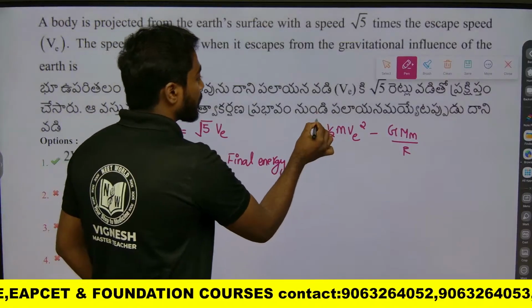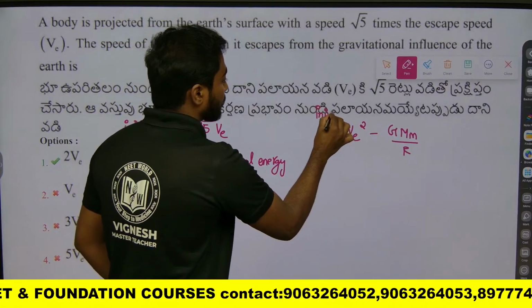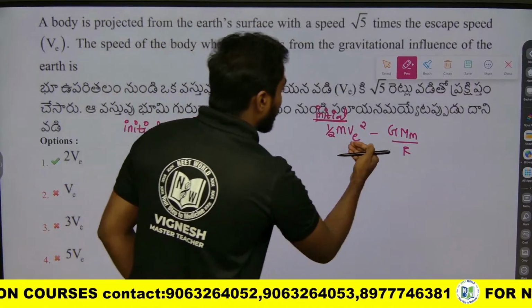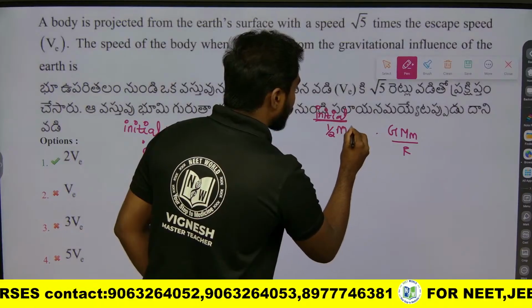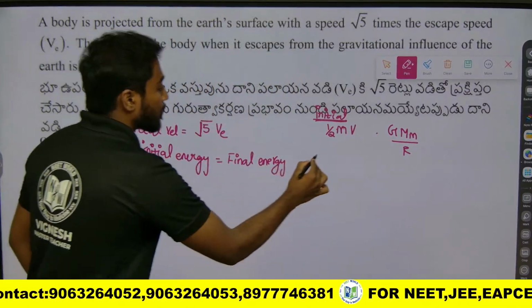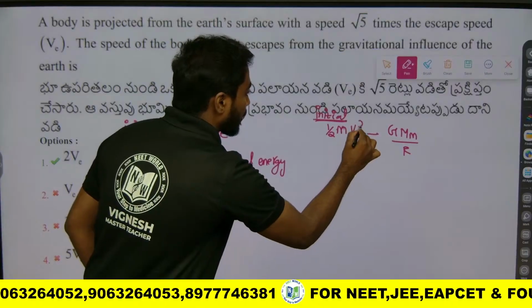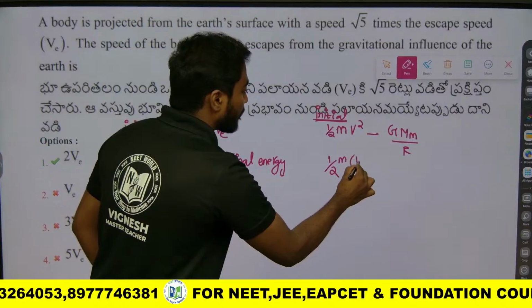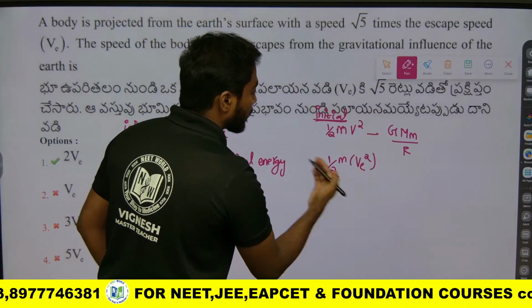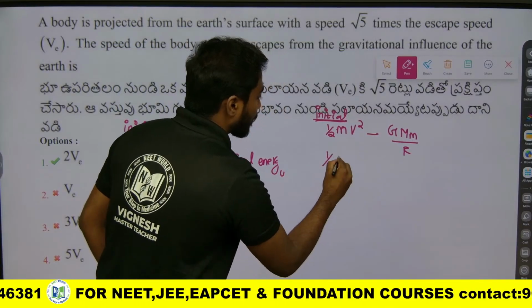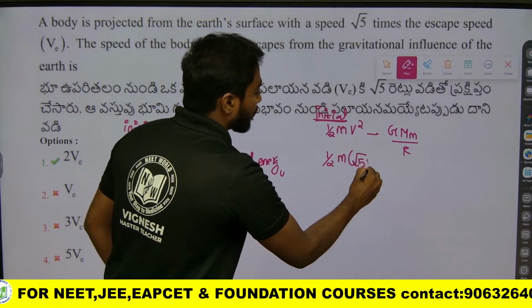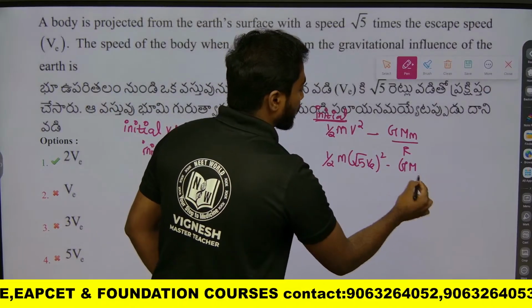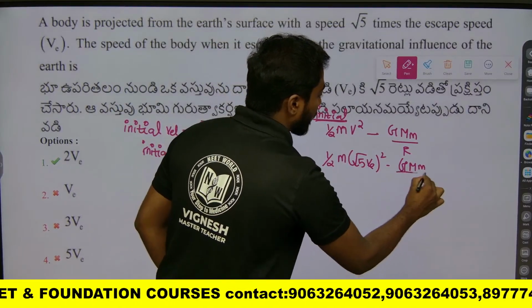Now if I substitute the value of V, it is half m, root 5 VE the whole square, minus G capital M small m by R.